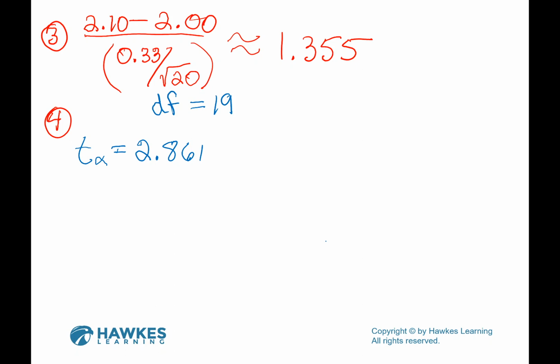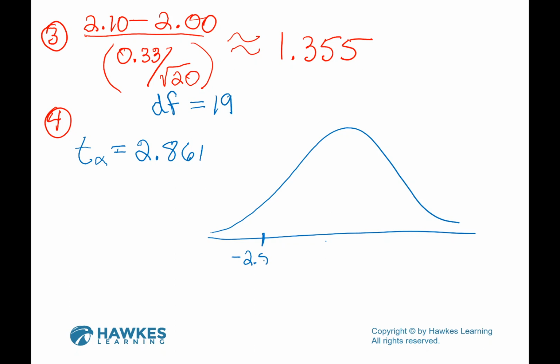Especially on two-tailed, it's helpful to make a picture, okay? Since it's two-tailed, not only do we care about 2.861, we also care about negative 2.861, so we have one on each side. Here we have negative 2.861, here we have positive 2.861.